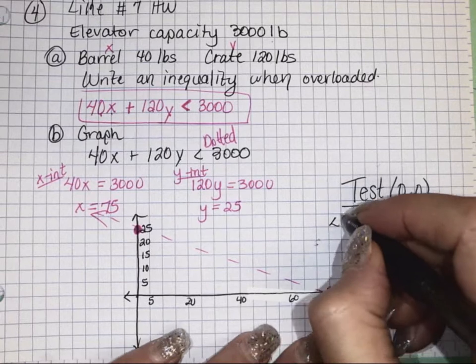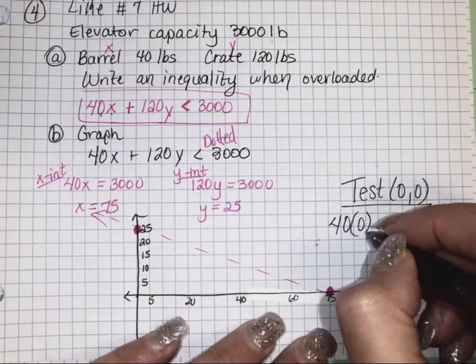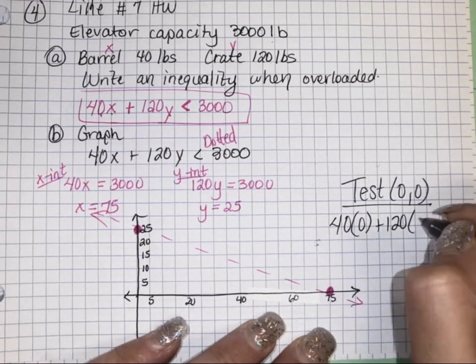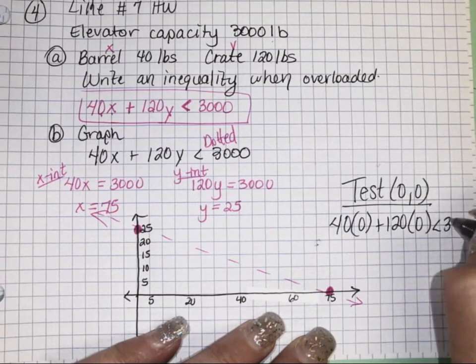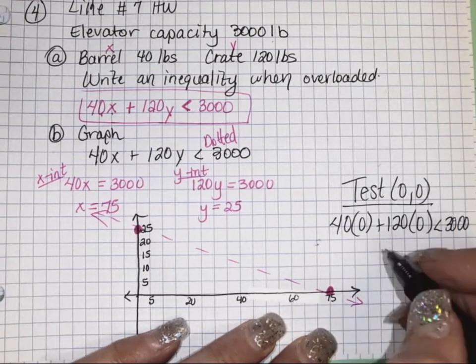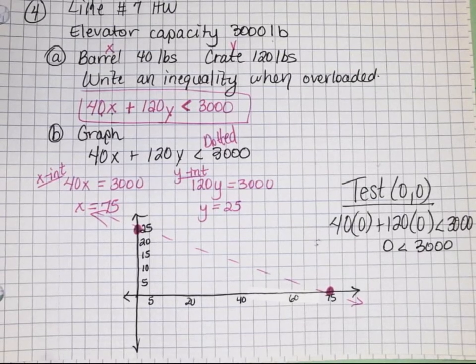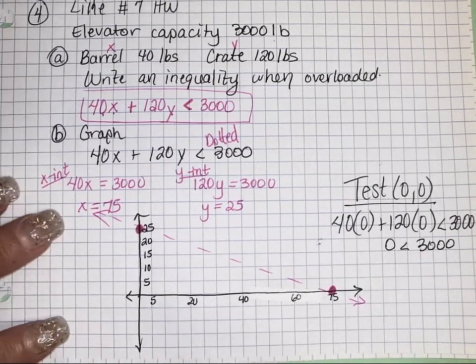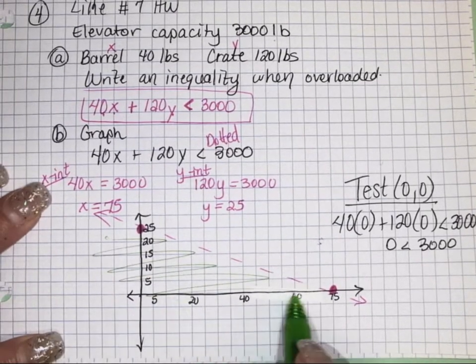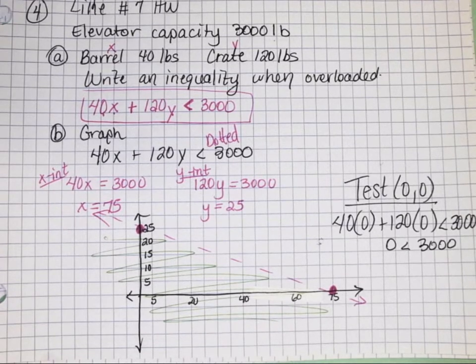And I'm going to test it in 40 times 0 plus 120 times 0, and I'm going to see, is that less than 3,000? And it definitely is. 0 is less than 3,000. So I shade this way to this side. And that only makes sense.